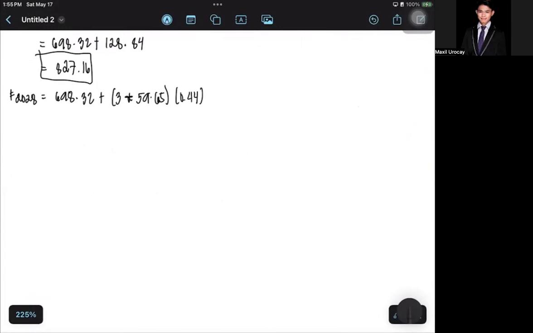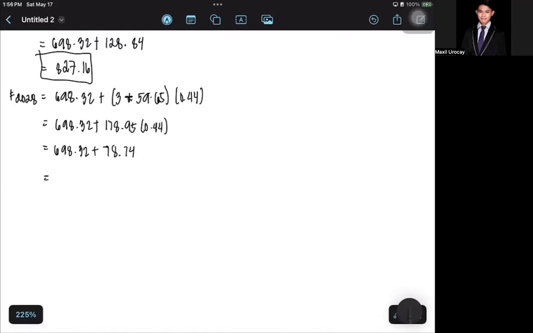You will first calculate the 3 times 59.65, and that will become 178.95, times 0.44, that is 78.74.